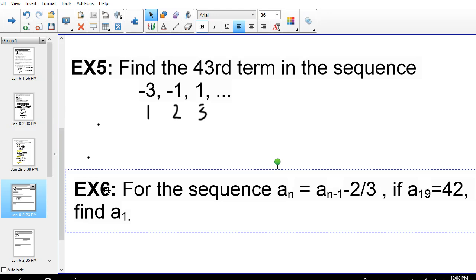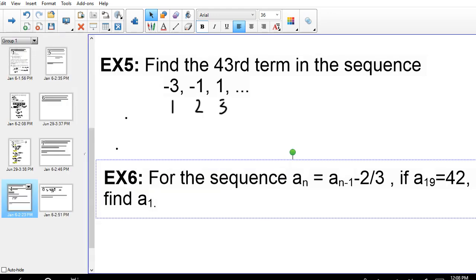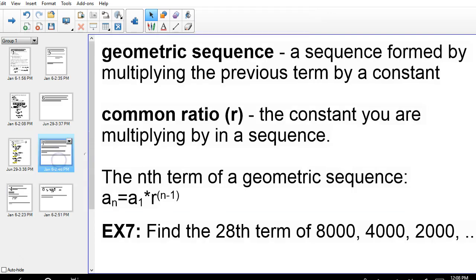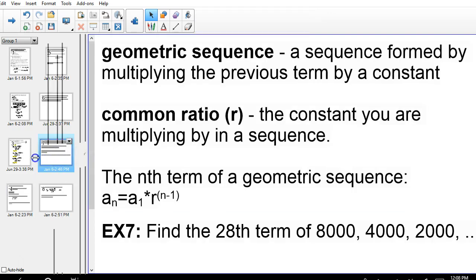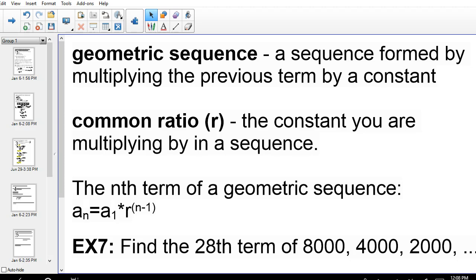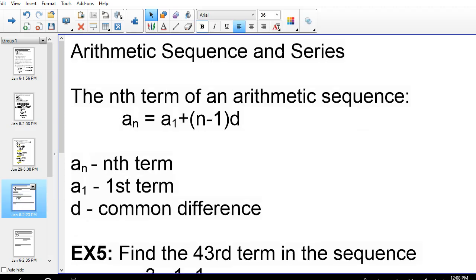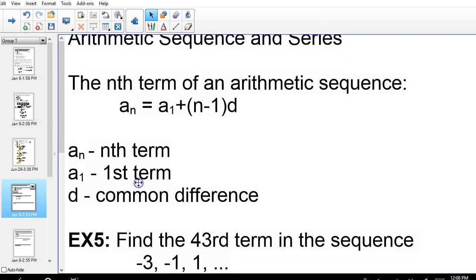So we have this formula up here, and this formula is on your formula sheet. A sub n equals a sub 1 plus n minus 1 times d.